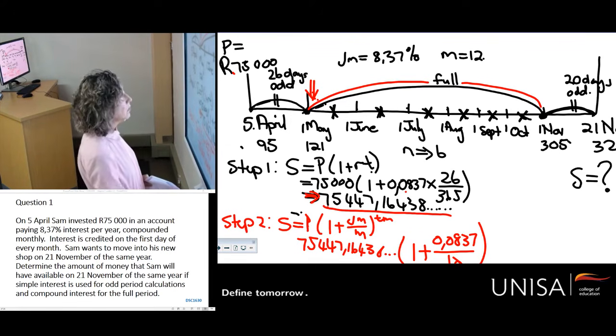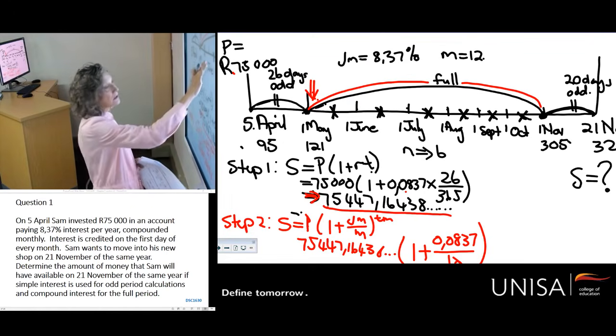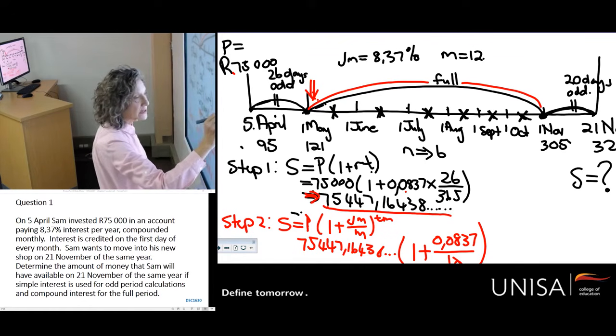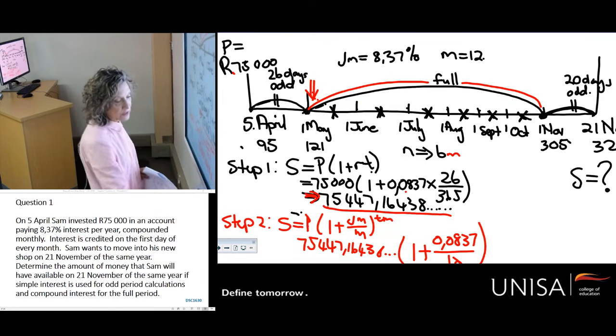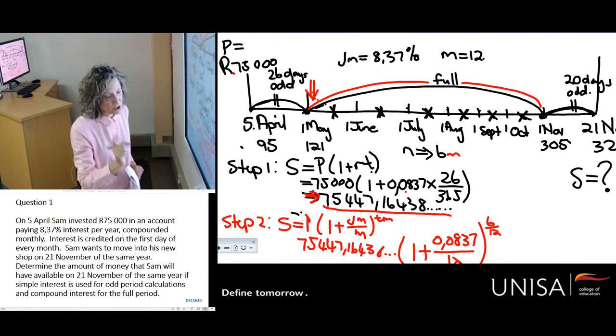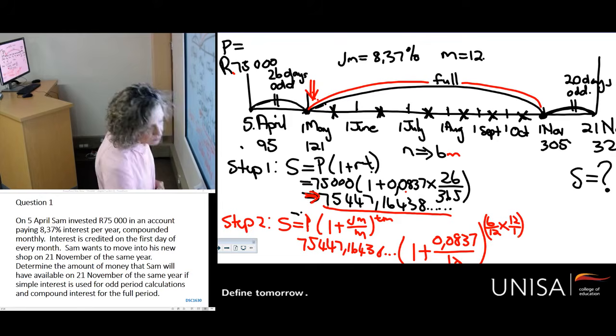To the power of T times m. What is T? T in our instance we said was 6, right? But it was 6 months. So if we need years, we need to write it as years, 6 over 12. Can you remember T always years? Times m, and m is 12. Right, that is your bracket.